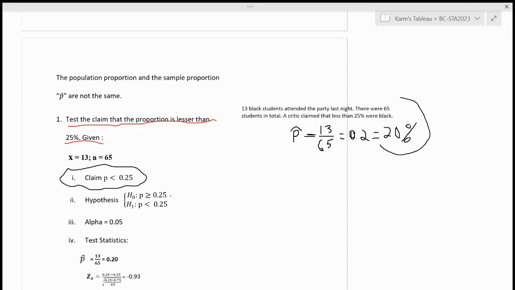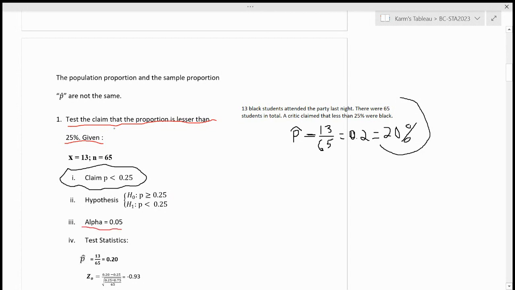As you can see, I set it up just like I told you last week. The difference between what I'm doing today and what we were doing last week: we were doing the mean. Now we're doing proportion. That's why we have P, not mu. Pay attention to that. And also number 3, that'll be my alpha.